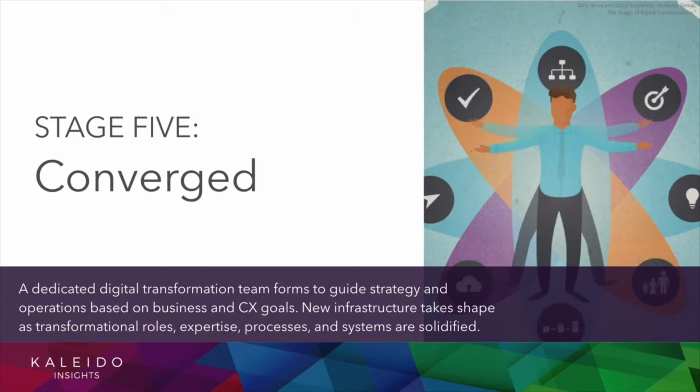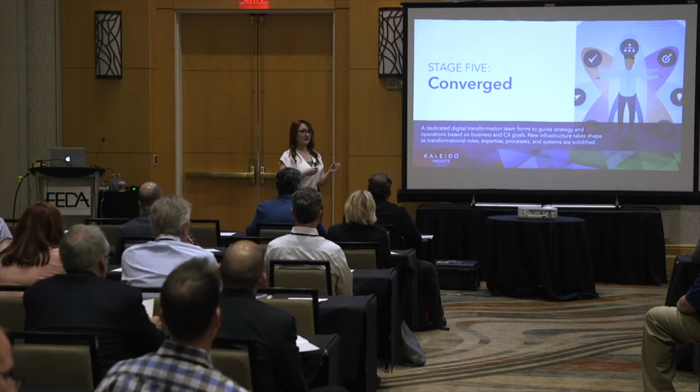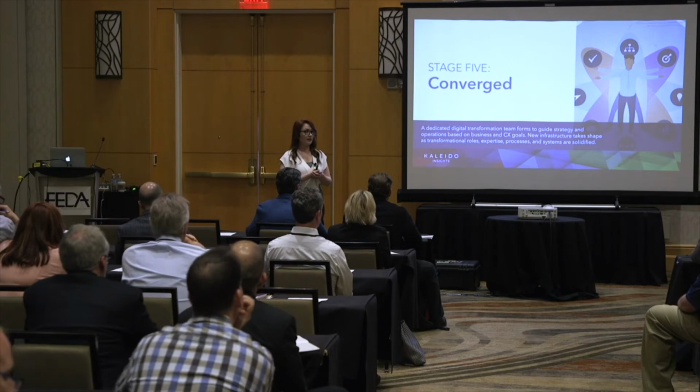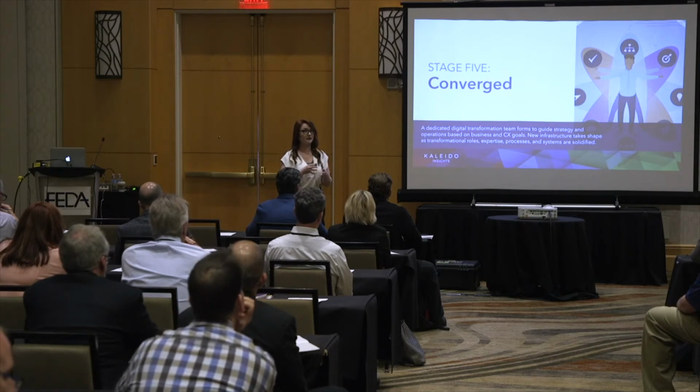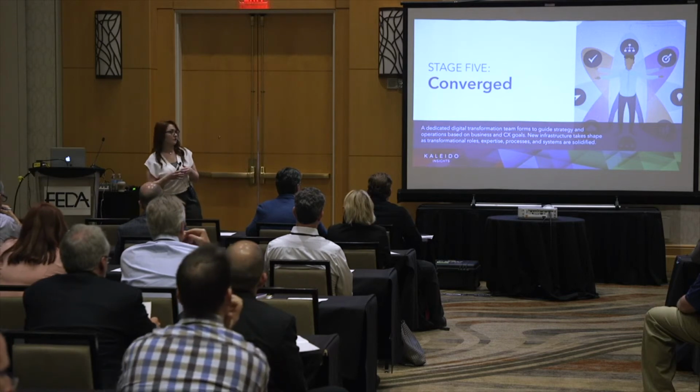Stage 5, this is where convergence comes in, where the communication and the collaboration really begins. At this phase, we'll start to see innovation and digital teams emerge and be at full force, as well as digital centers of excellence. And I'll talk through an example at a company, W.L. Gore, in a bit here about a digital center of excellence. And tomorrow on the morning panel, we also have a company that will be discussing this as well.